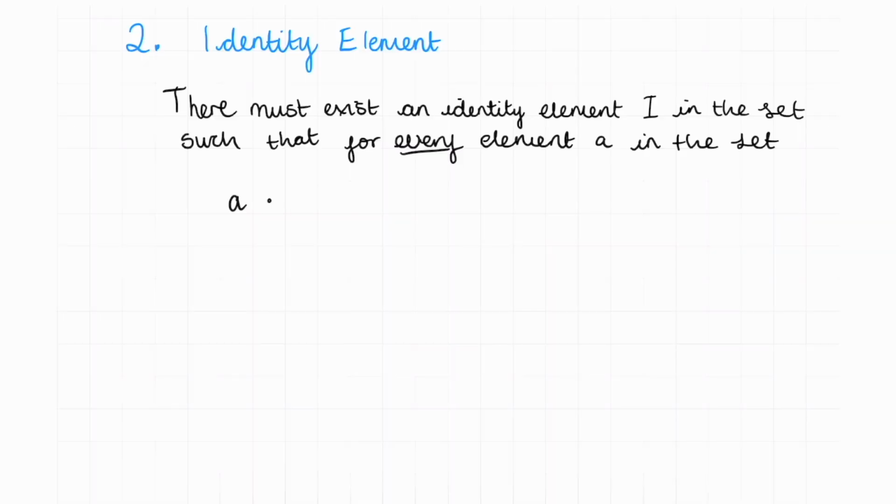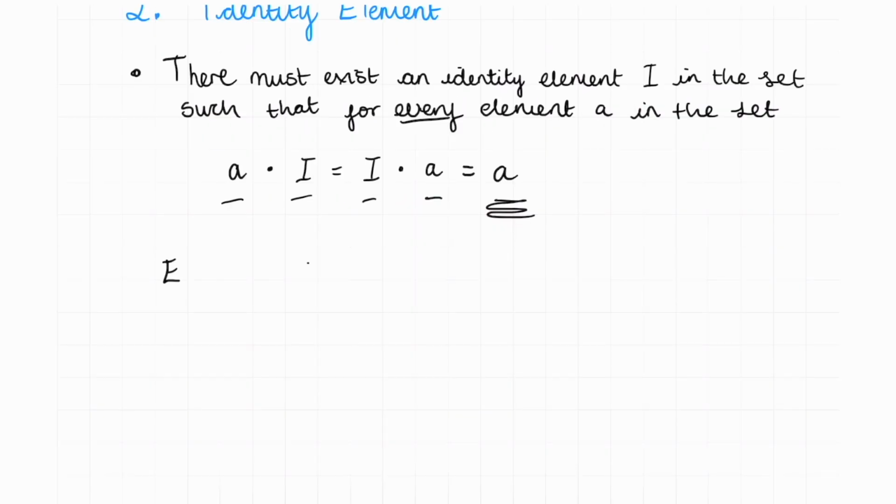So A operated on with the identity element must equal the identity element operated on with A, so the order doesn't matter, must equal A. So if you operate on the element with the identity element, or the identity element operated on with A, must result in A itself.